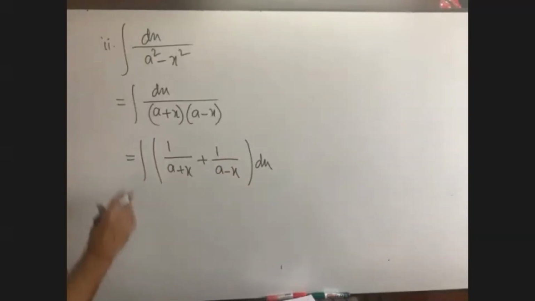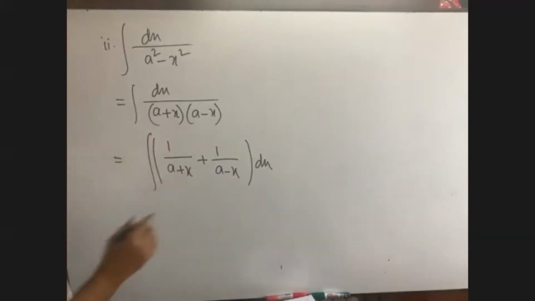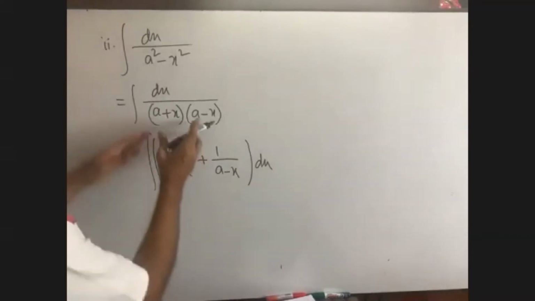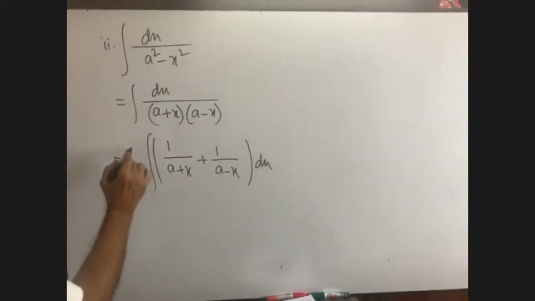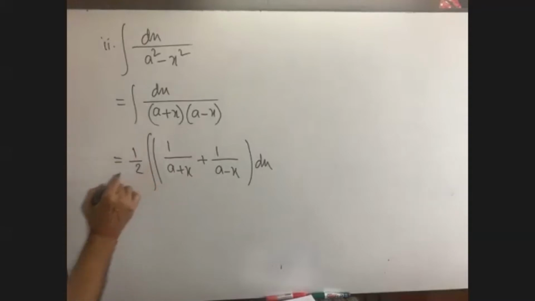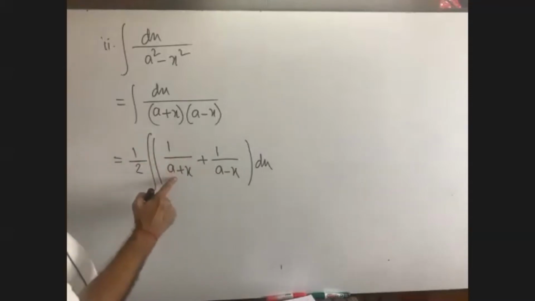If I calculate this, dear students, please see all of you, this is the integration sign. If we calculate, it is called the partial fraction that you did in class 9. And if we give here half, are you getting the result or not? What will be given here, 1 by 2a? You see, it is a minus x, it is a plus x.